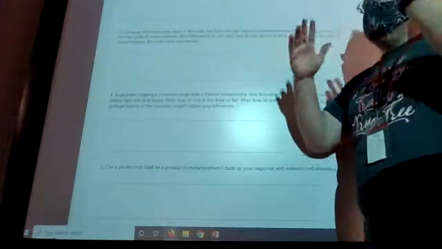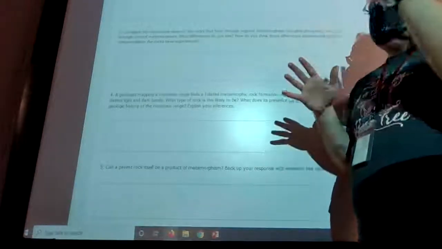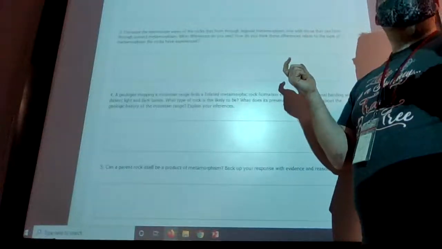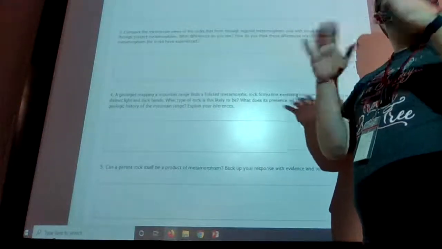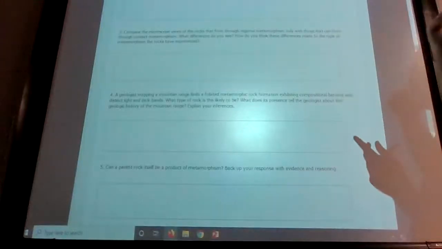So you can see the foliations, you can see the different layers, you can see the lines. So regional rocks have more line features or more things that are lined up, where your contact rocks don't have any line features or stripe features or anything like that. They're just like a plain rock, kind of.